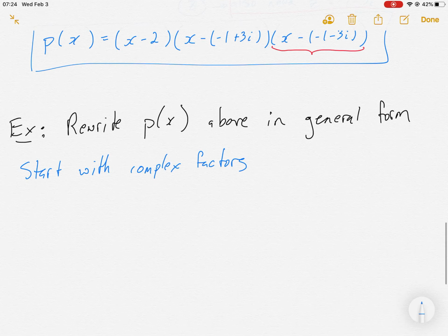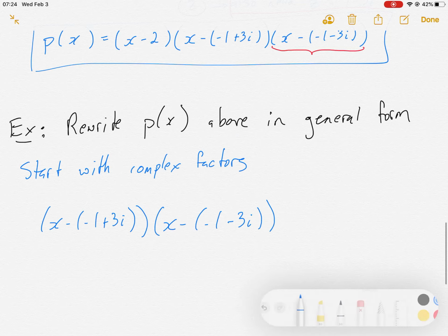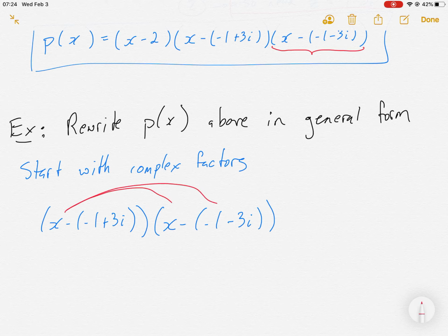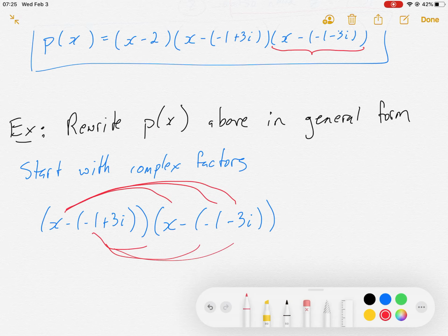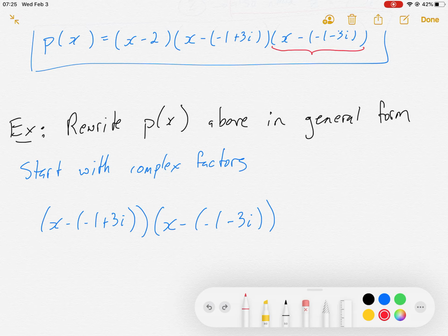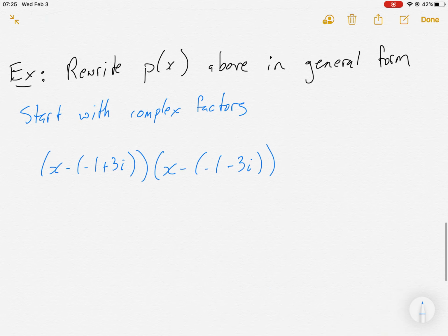But I like to start with the complex factors, x minus -1 plus 3i, and then x minus -1 minus 3i. Now this still doesn't look great because technically I would have to do x times x times -1, and then x times that one, and then I would take -1 times each of those, and so I'd actually end up with 9 terms. But like I said, we're going to make use of structure here.